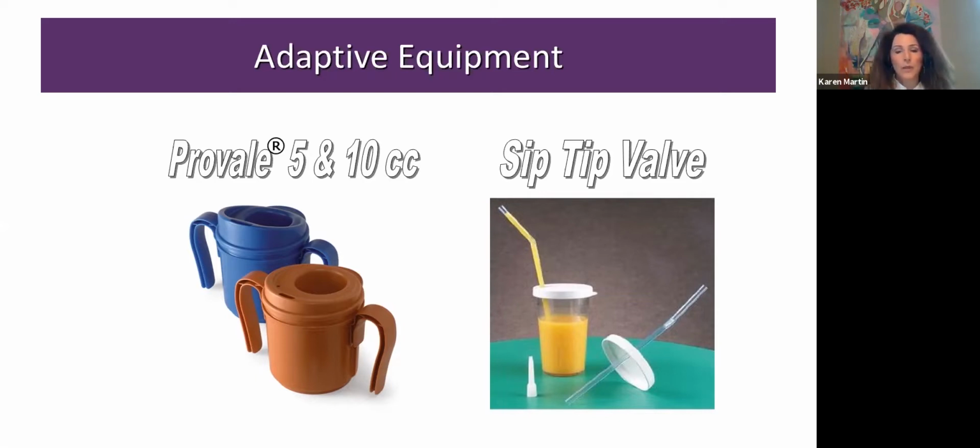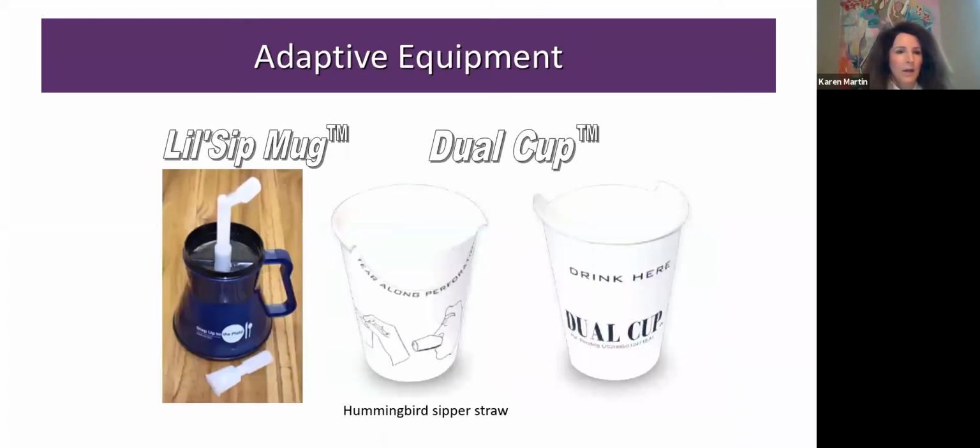This makes it nice because you're not having to use all of your respiratory volume to draw up the column of the straw. So that's something else you might ask about, if it would be useful for you.